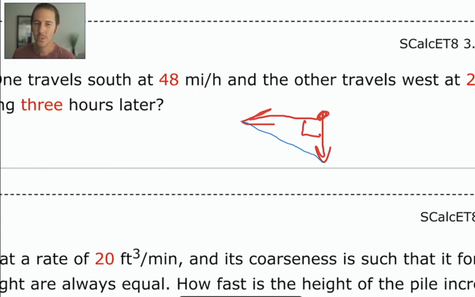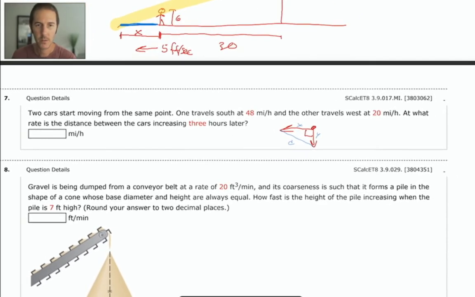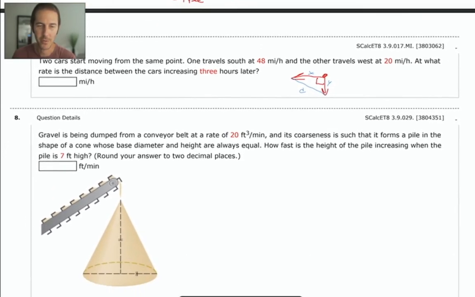So remember, you need to design an equation that describes this scenario. And this scenario, visually at least, looks to me to be the relationship between the side lengths of a right triangle. Maybe that'll help you on that one, since I only helped you a little on the previous one.